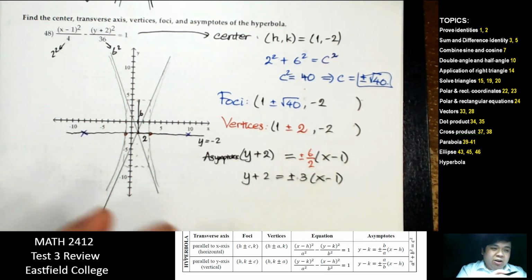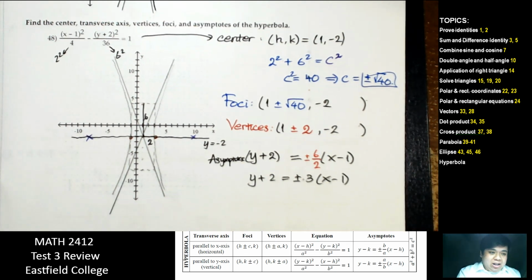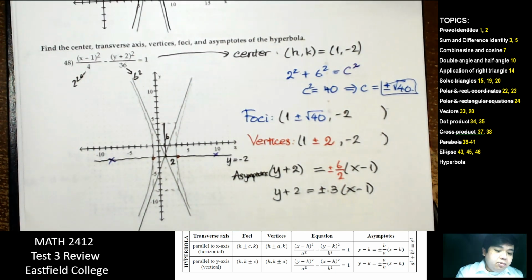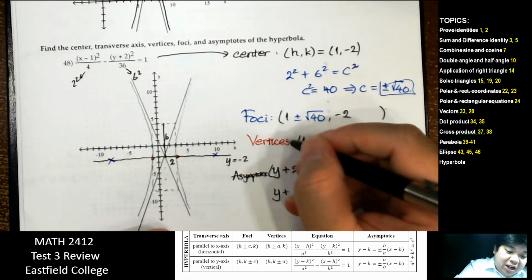The foci left and right C unit in this case because it is horizontal, and the vertices left and right also, whatever the distance that we go. Okay, of course when we write like that it looks silly.